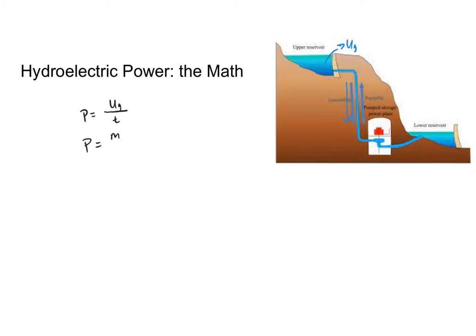So our power is m times g times the difference in height between our upper reservoir and lower reservoir, my delta H here, divided by the time that it takes for that mass of water to go through my power plant, so to go through my chute here.